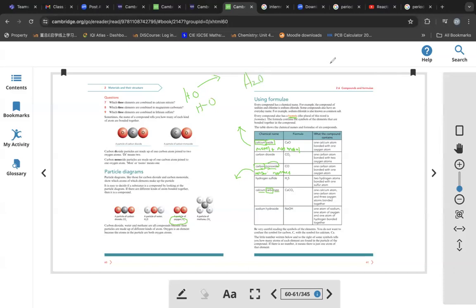Definitely they will become H2O. Why? If I explain now, it will take a lot of time because they talk about bonding. Temporarily, we learn about how they name it first. Maybe during the holiday season, I can spend some time to explain in detail. Otherwise, we can finish this one. Okay, so we move on.